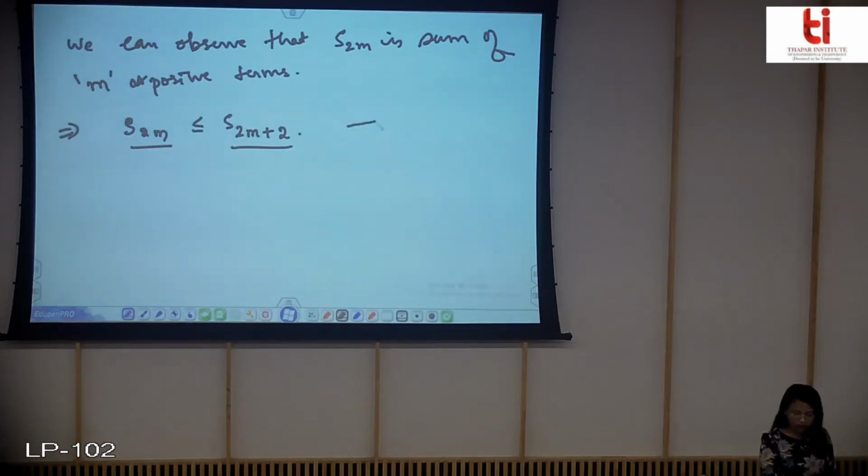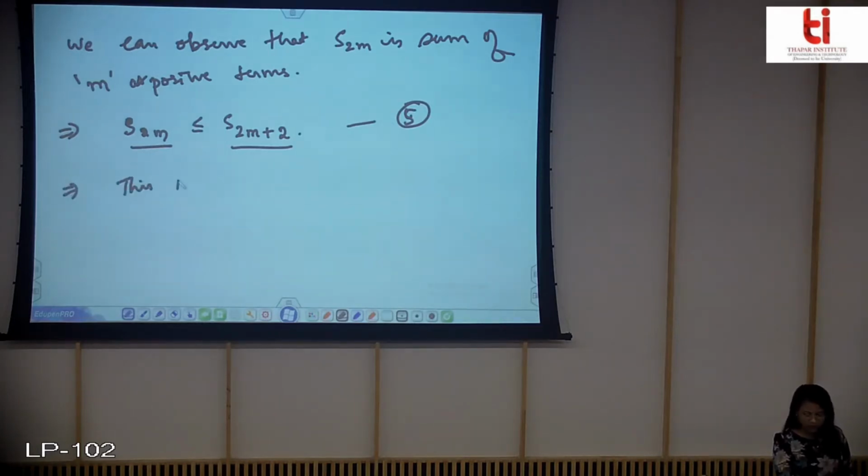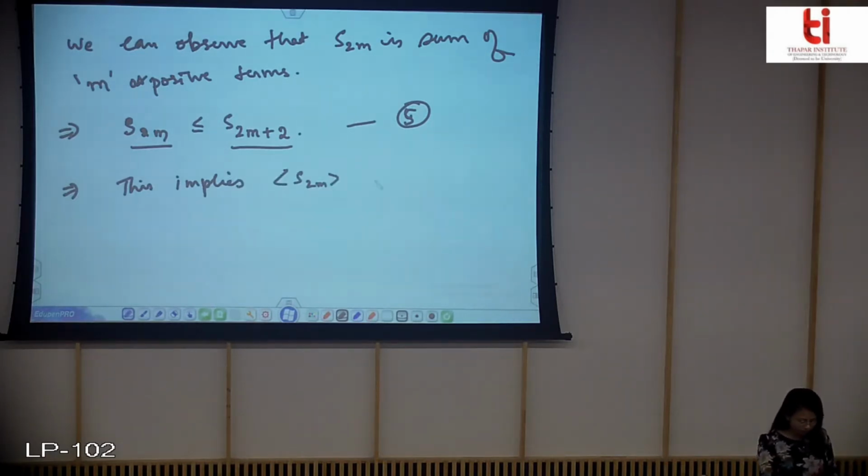Now I call this equation number 5. I have my equation number 4, so I call this equation number 5. Now this implies that S2m is non-decreasing.